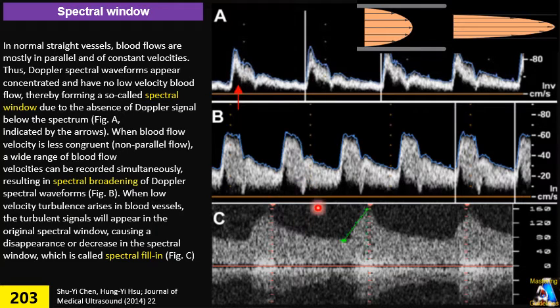In those situations that we have severe stenosis, about 90 to 95%, or when we have turbulent blood flow that you can see in poststenotic, this spectral window disappears and becomes full, that we call spectral filling.